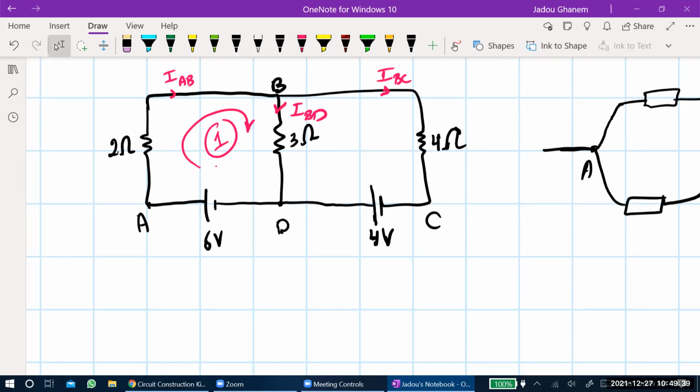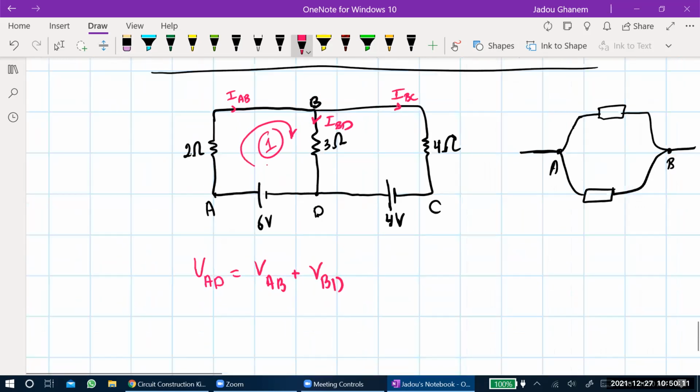So we start from the battery usually. So let's say VAD or VDA. Okay, so VAD is equal to VAB plus VBD.